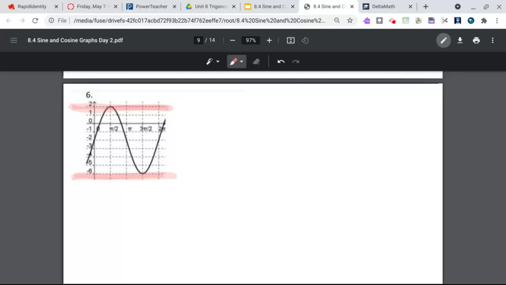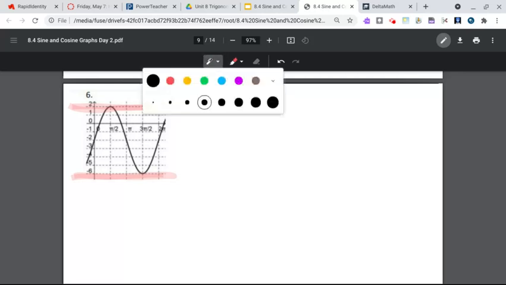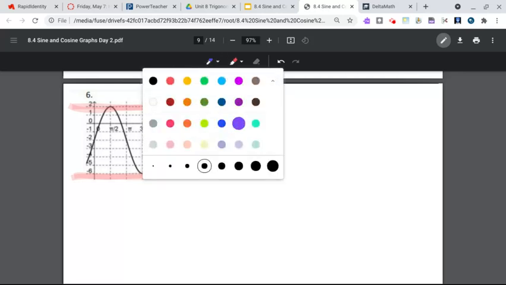So I know I'm going to go 4 down from the maximum to find my midline, or 4 up from the minimum. So 4 up from the minimum leaves us at negative 2.